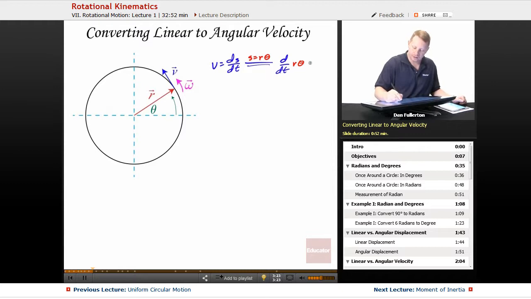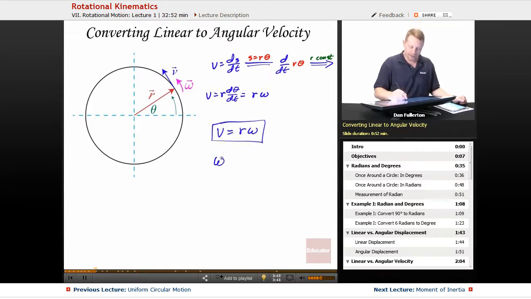But r is a constant. Our radius isn't changing. So we could write this then as v equals r d theta dt, and d theta dt is omega. So v equals r omega. Or if we want omega, omega equals v over r.